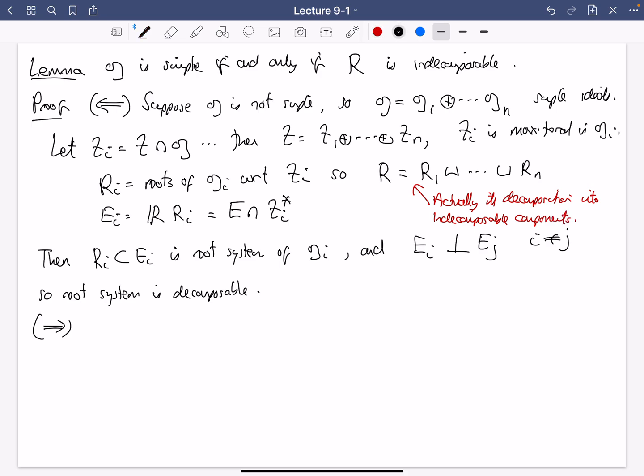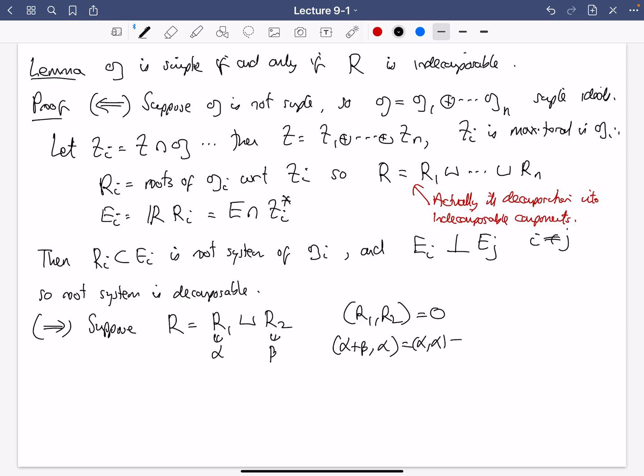Okay, so now in the forward implication, let's take a decomposition of the root system. Maybe R is R1 disjoint union R2, with R1 and R2 being orthogonal. And if you take an alpha in R1 and a beta in R2, well, let's see, the inner product of alpha plus beta with alpha is just the inner product of alpha with alpha, which is not 0.